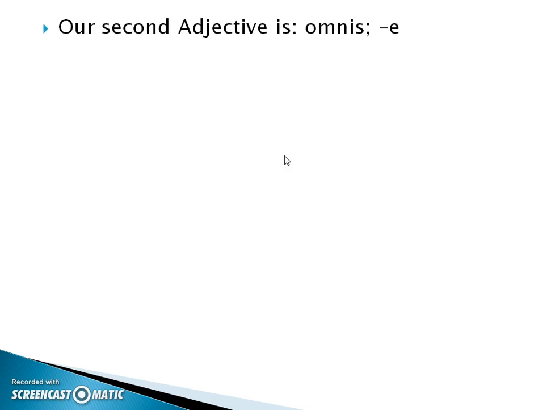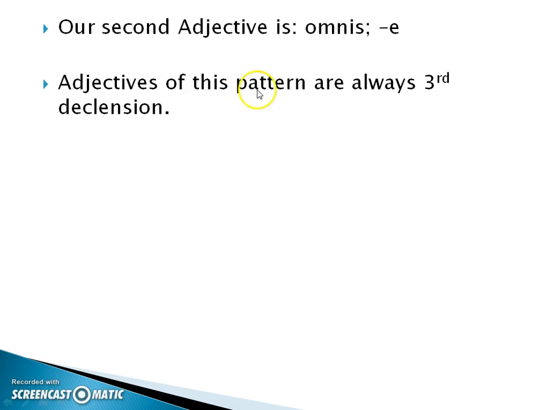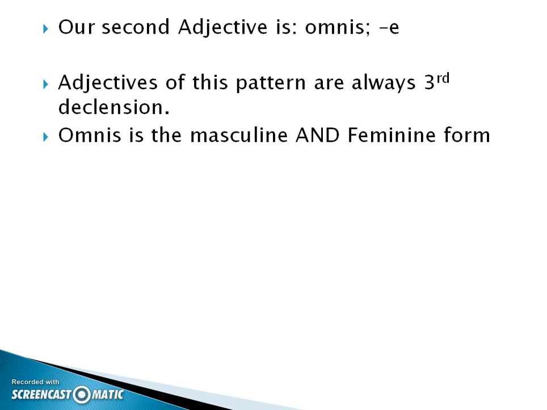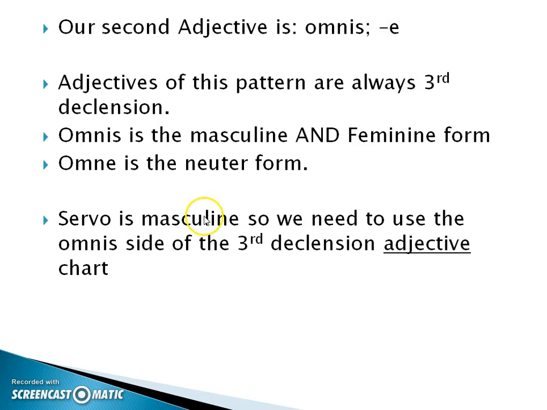Our second adjective, omnis, omne. Adjectives of this pattern, is and then e, are always third declension. That's the third declension adjective column in your chart. So, omnis is the masculine and feminine form. Omne is the neuter form, always third declension. Servo is masculine, so we use the omnis side of the third declension adjective chart. Remember, your adjectives are a little bit different than your nouns.